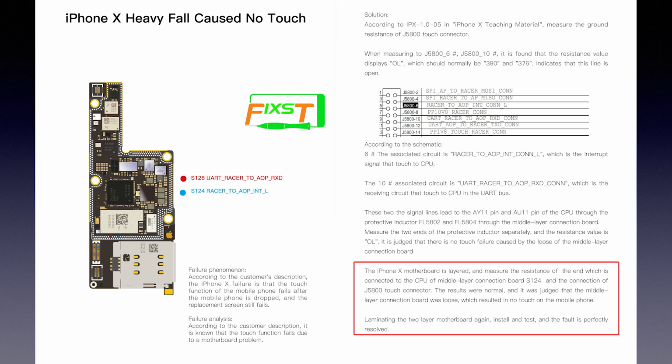The results were normal, and it was judged that the middle layer connection board was loose, which resulted in no touch on the mobile phone. Laminating the two-layer motherboard again, install and test, and the fault is perfectly solved.